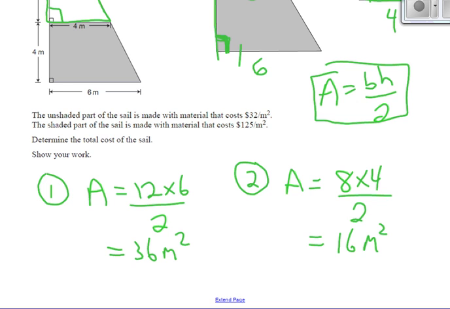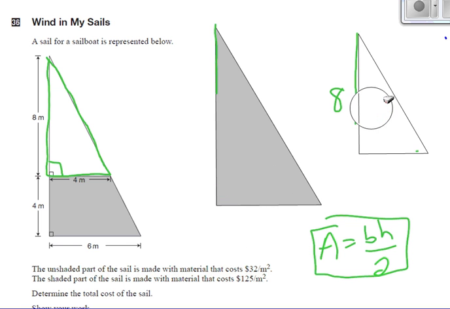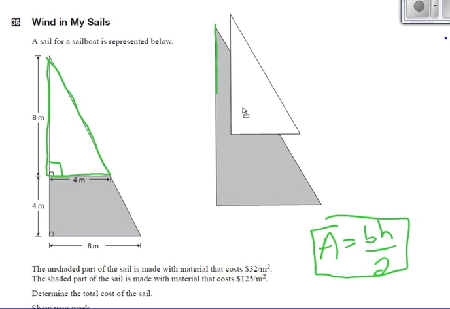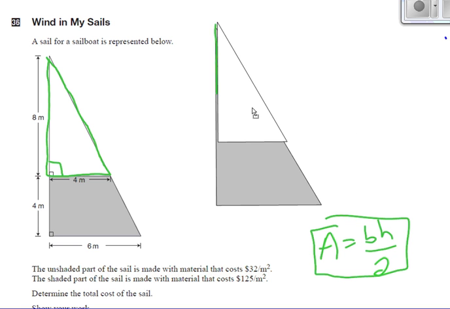Now, I don't actually want this entire piece of shaded sail. What I want to do is cut this much off of the shaded sail. So in other words, if I start with this big gray shape, I cut this part off, and the only part I really need, therefore, is what's left over here.